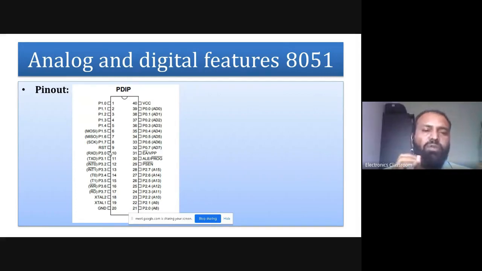So there is no need to care about how those pins switch their functionality from normal IO to alternate functionality. It totally depends on our application.